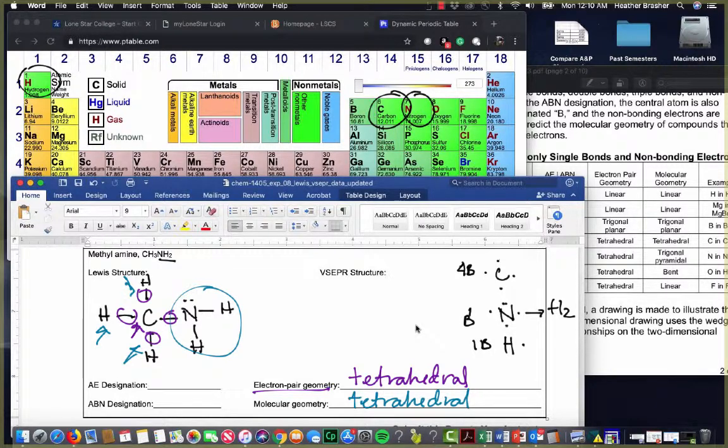And when we go to write the VSEPR structure for this guy, we're going to put C in the middle. You can do the NH2 at the top, the H off to the side, and the other H's here.